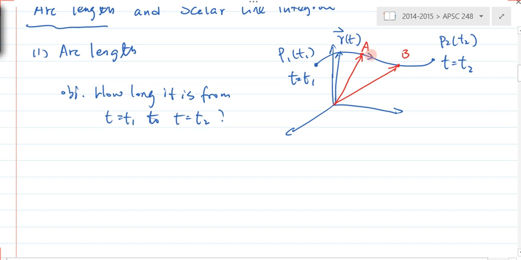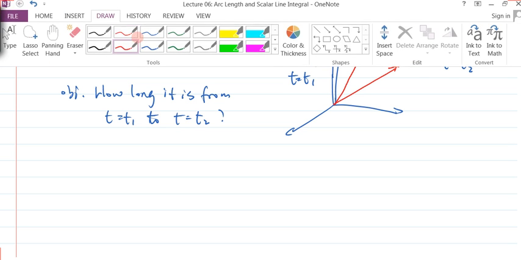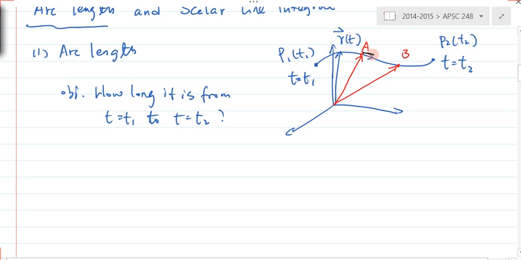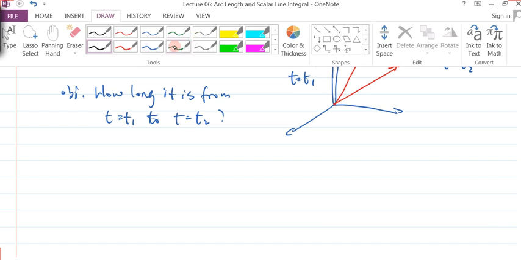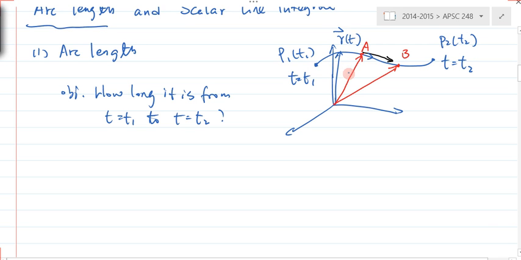Then between A and B, you can construct another vector, so 3 vectors, a triangle like this. If I label the vectors, this is R of tA, at t equal to tA we are at location A. At t equal to tB, it's at location B.